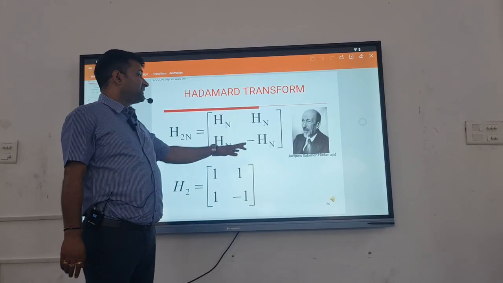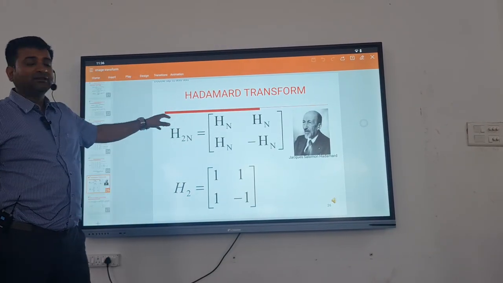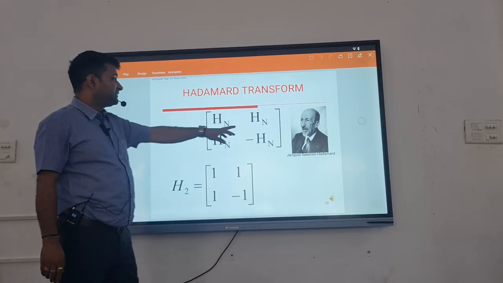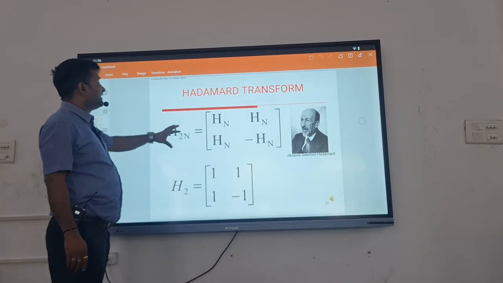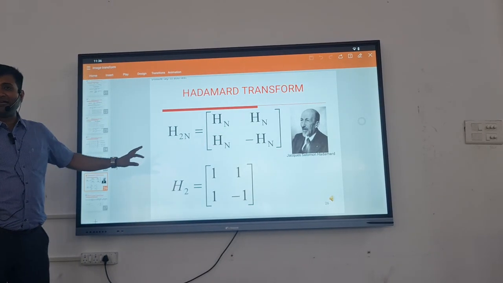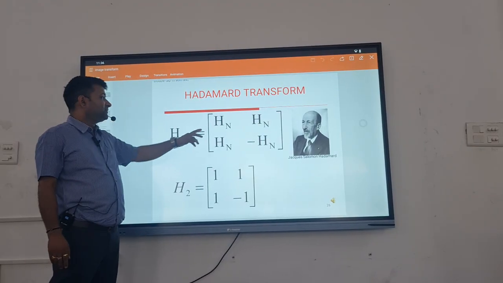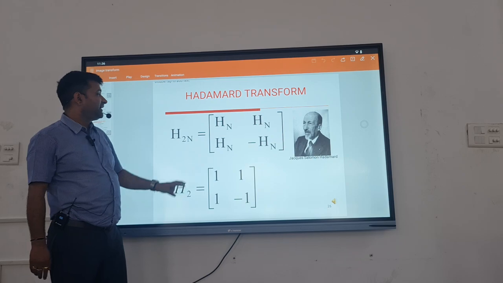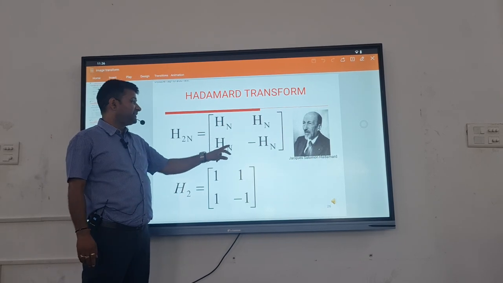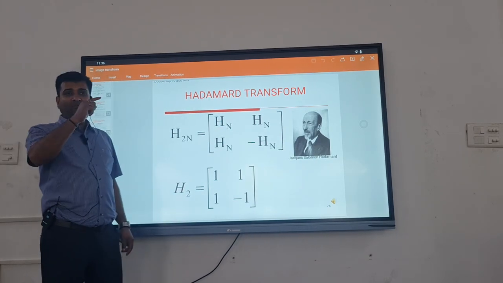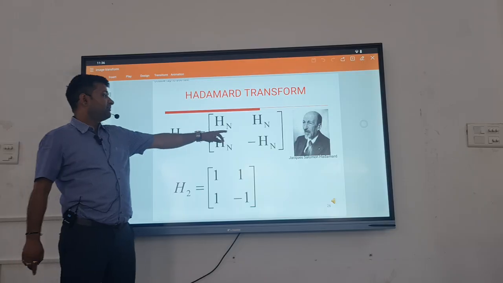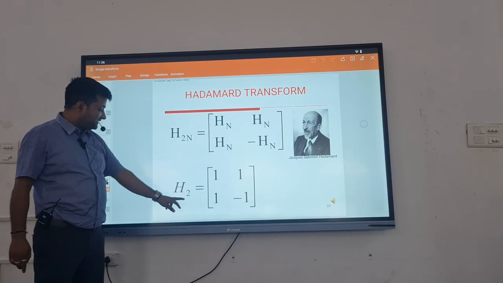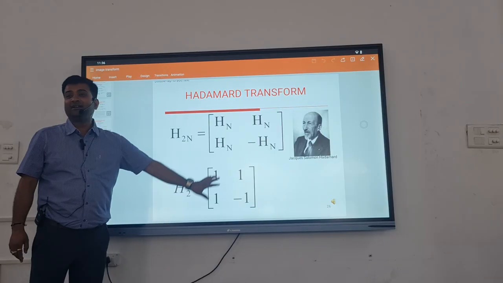Hadamard is a scientist, the name noted by the Hadamard transform. This is the basis function of this Hadamard transform. H2n is the representation of the Hadamard transform: Hn, Hn, Hn, minus Hn. मतलब 1, minus 1, diagonal 1, minus 1, 1, 1.